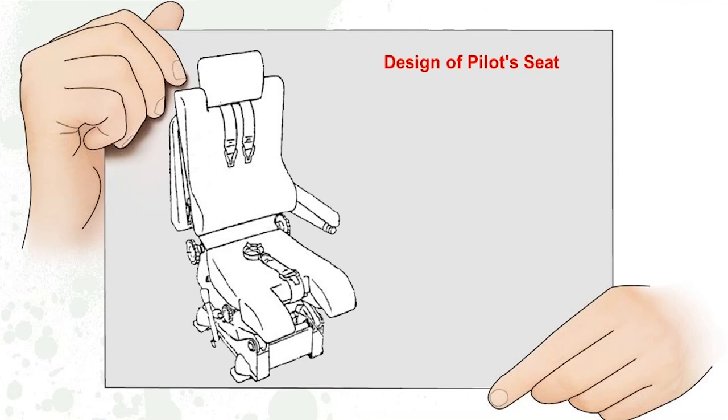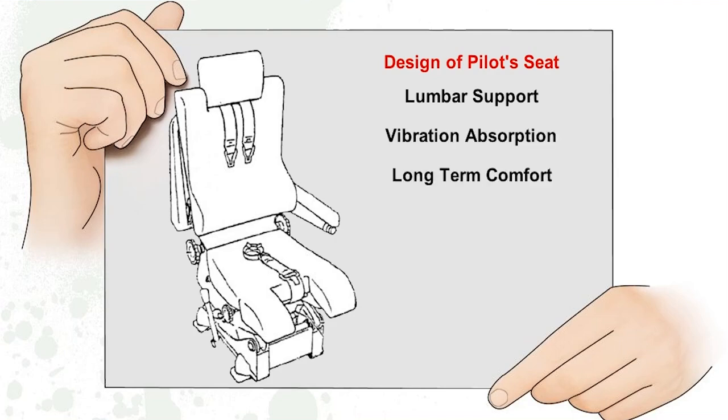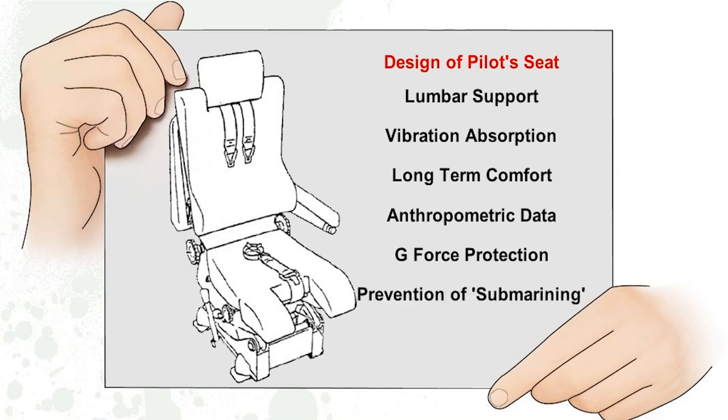But it is worth reminding ourselves that these are the main considerations in the design of pilot seats: lumbar support, vibration absorption, long-term comfort, anthropometric data, G-force protection, prevention of submarining, and securing the pilot.